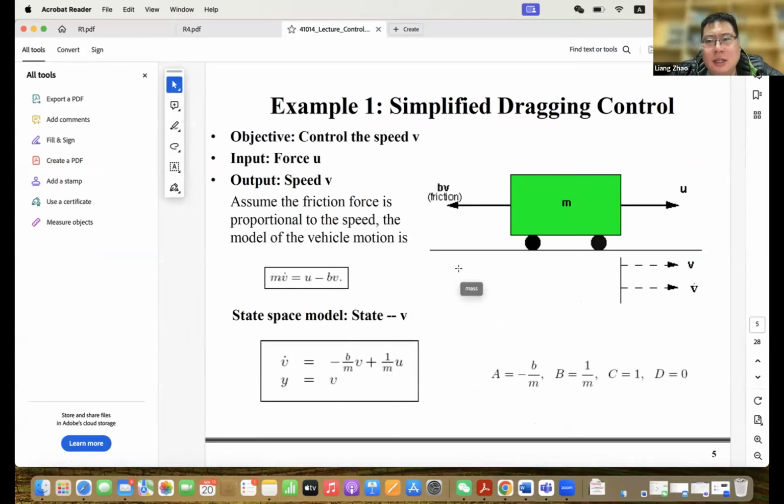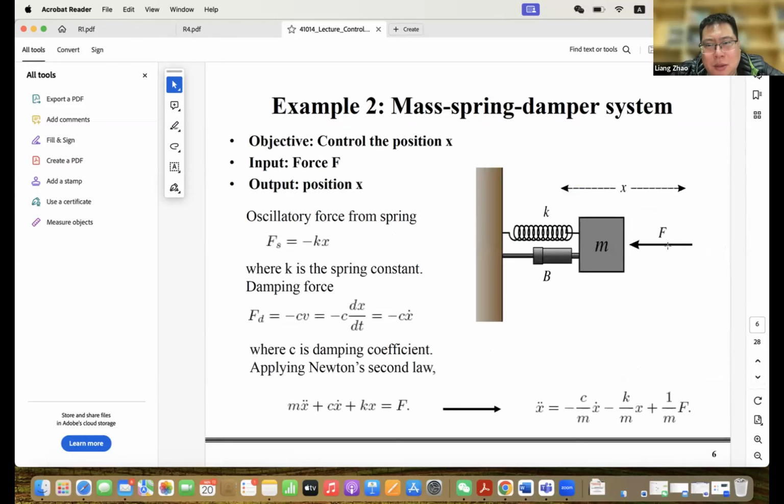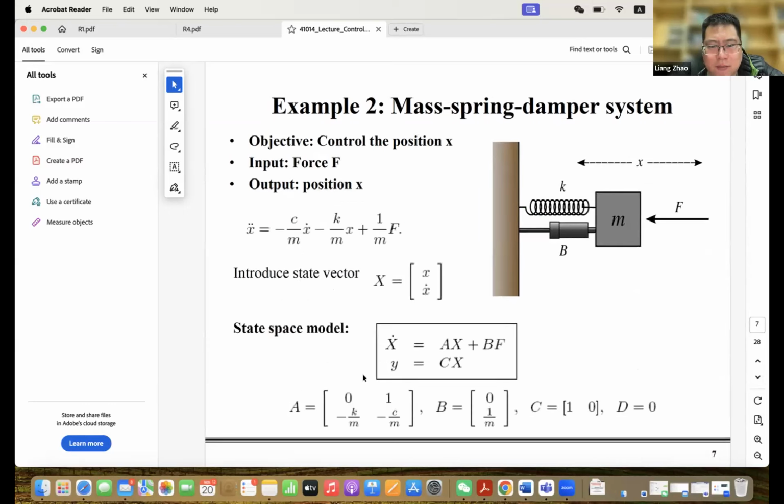That is what we call the simplified dragging system. That's similar to a cruise control system. And how to formulate it from the physical model of the system itself, something like this. And then we introduced the mass spring damper system. This is a bit more complicated, and also you have two states in it. Then we convert it into a matrix format. But it's always like you start with this formulation and try to convert it into a matrix, something like this.